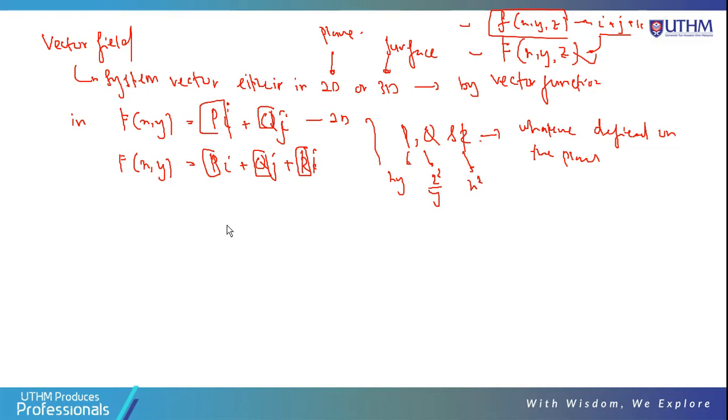Let's say we are given the vector field F of x, y equal to 2i, for this 2D plane. How can we sketch the vector field?